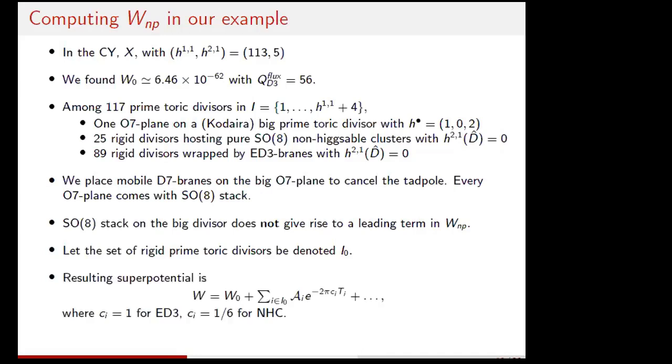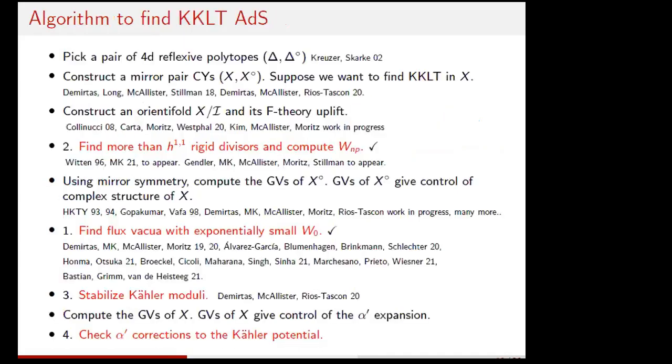Then you can write down the superpotential, and the resulting superpotential is given as a sum of W0 plus some non-perturbative terms. And let me emphasize again, those one-loop Pfaffians are pure constants, and as Aaron pointed out, W0 is really a value. It's actually depending on some light complex structure moduli, but you can just deal with it.